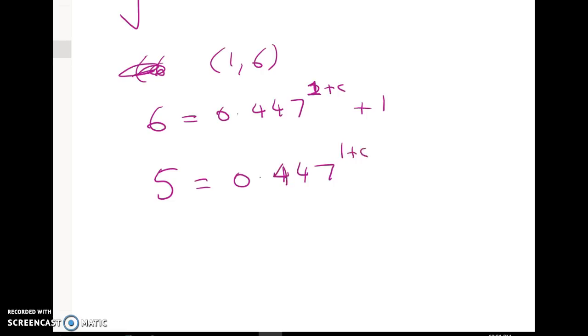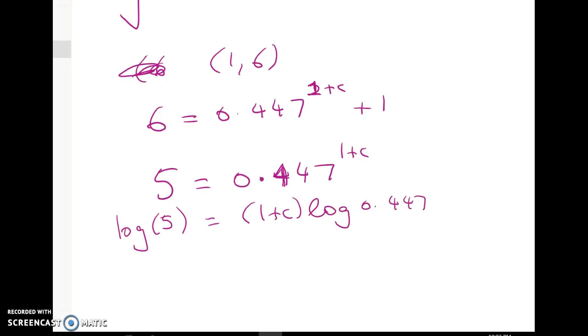Now, I don't know about you, but at this point I'm going, is it really worth using an exponential function when I could have used a hyperbola or a square root with some stretchy factors? Because the chances that I muck this up are actually quite high. I'm going to take logs of both sides now, and I'm going to get 1 plus c times log 0.447.